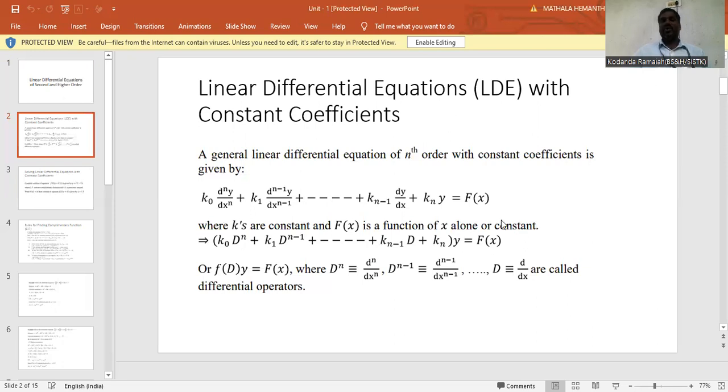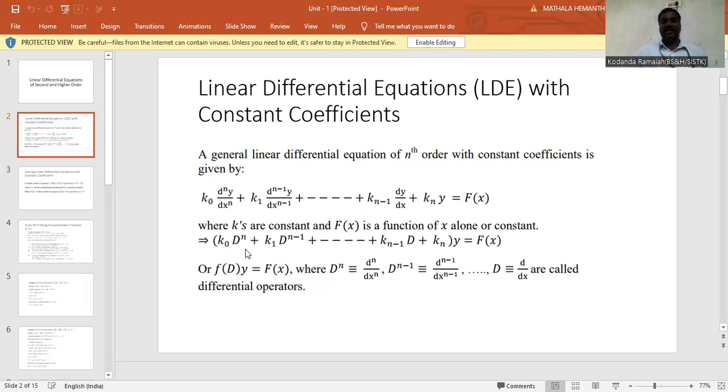So the general linear differential equation in operator form is (k0 D^n plus k1 D^(n-1) plus and so on plus k_(n-1) D plus k_n) y equals f(x), or F(D) y equals f(x).